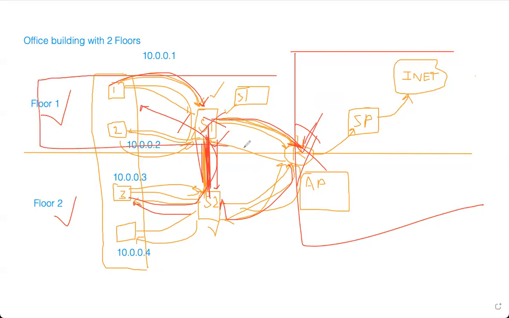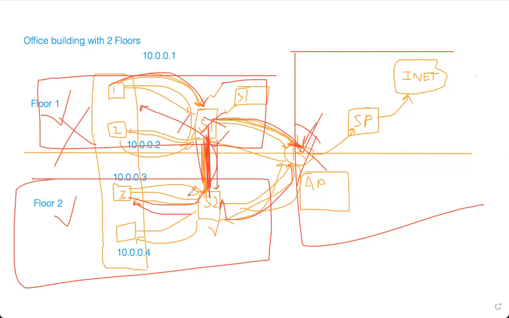Floor 1 is entirely down. And what happens if switch 2 goes down? Floor 2 is entirely gone. So these are all single threaded, meaning they have only one connection to go out to the internet. If that is gone, they don't have any redundancy. There is no backup link or backup path for this topology, right? So that's why this is not a scalable design, or this is not a reliable design.